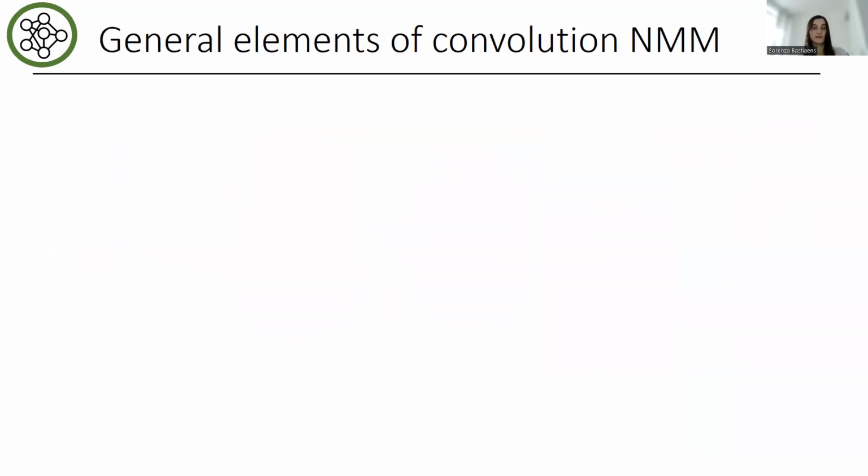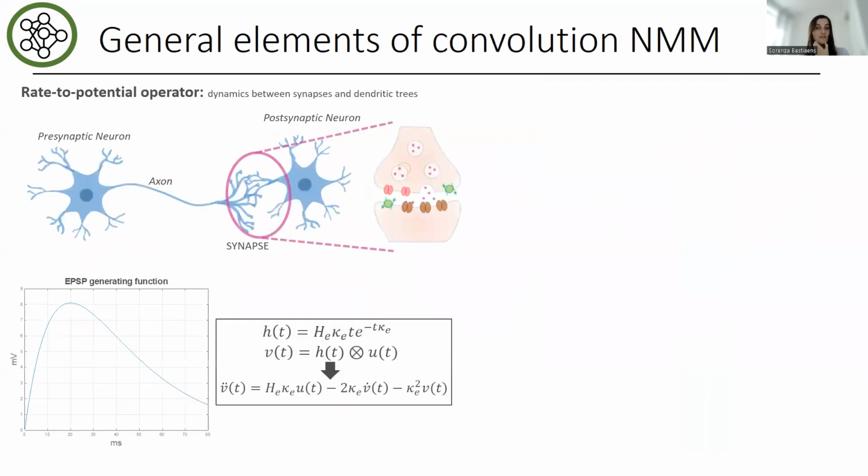Convolution neural mass models are composed of two key operators. So they have a rate to potential operator that describes the dynamics between synapses and dendritic trees. And this is usually in the form of what is called an impulse response, because it has been shown that the convolution of an incoming spike rate with an impulse response will adequately reproduce a postsynaptic potential that is responding to a presynaptic firing.